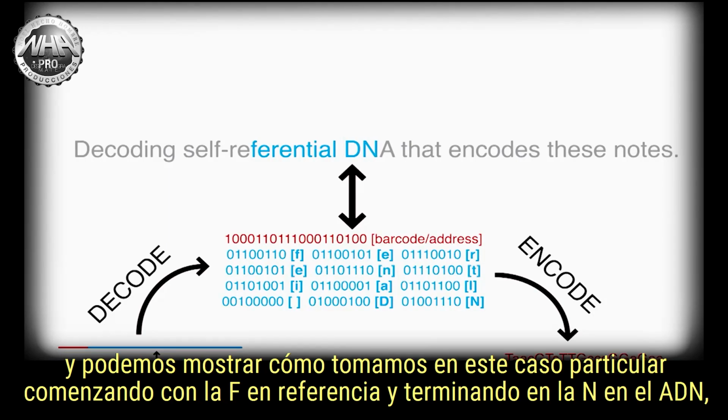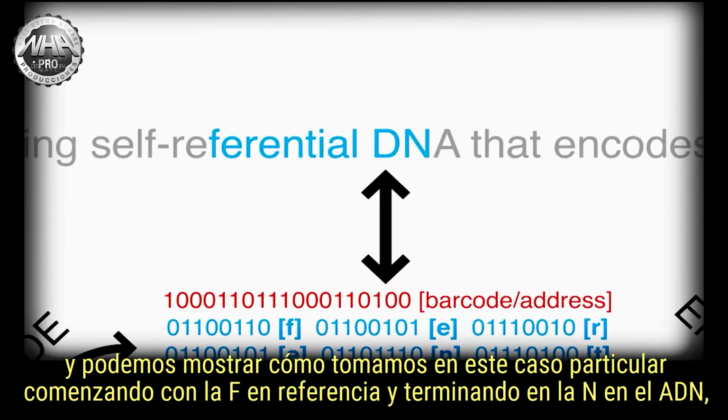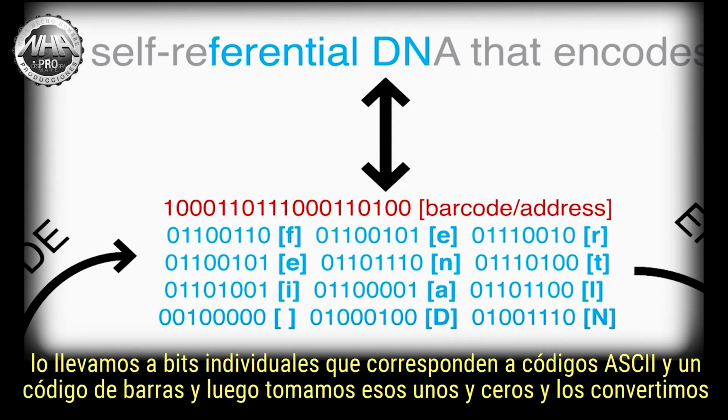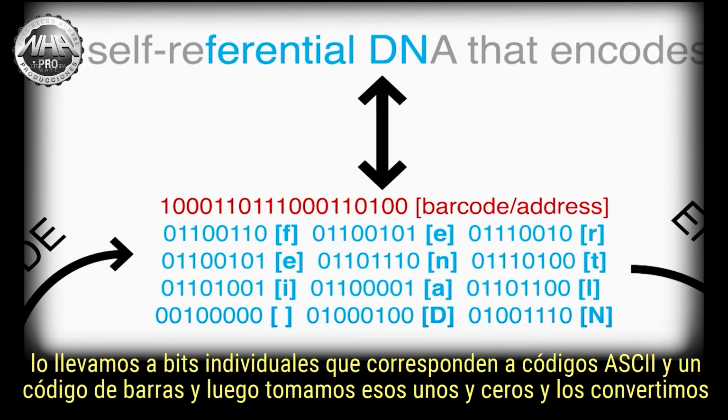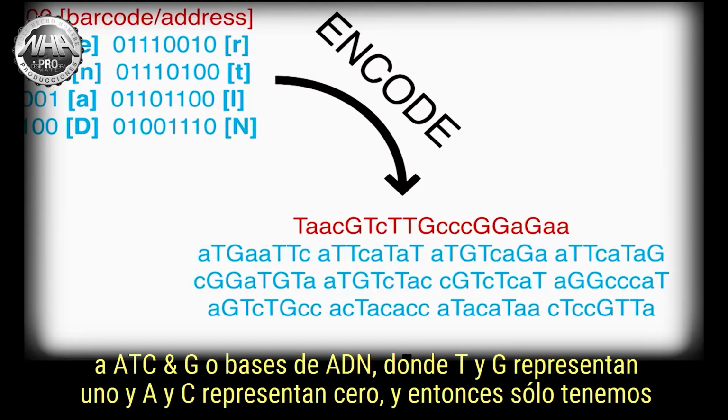We show how we take, in this particular case, starting with the F in referential and ending in the N in DNA, individual bits, which correspond to ASCII codes, and a barcode, and then we take those ones and zeros and convert them to A, T, C, and G, or DNA bases, where T and G stand for 1, and A and C stand for 0.